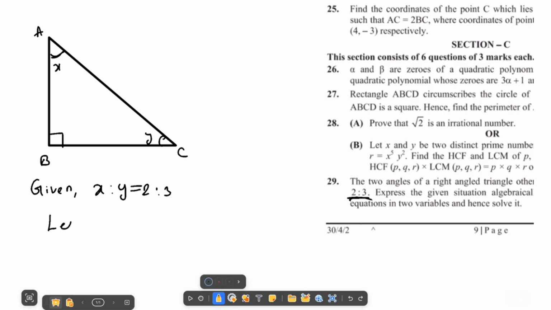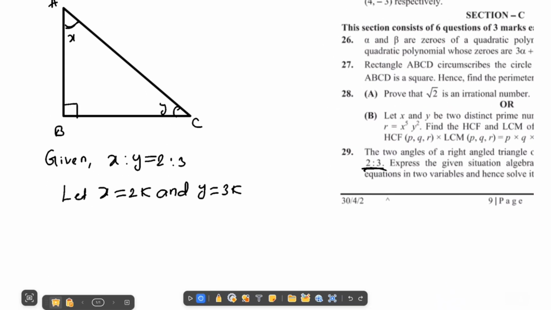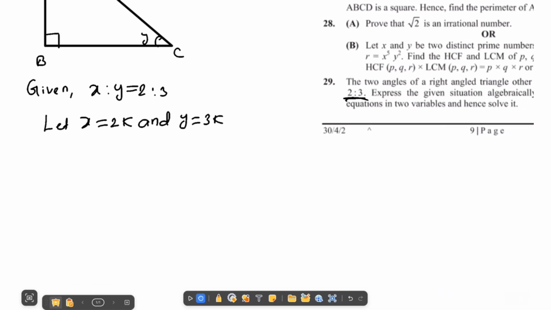If you take the highest common factor k, let x be equal to 2k and y be equal to 3k. Right. So we know that the sum of these angles is equal to 90 degrees, because the angle at B is 90 degrees. So the angle at A plus the angle at C should be equal to 90 degrees.